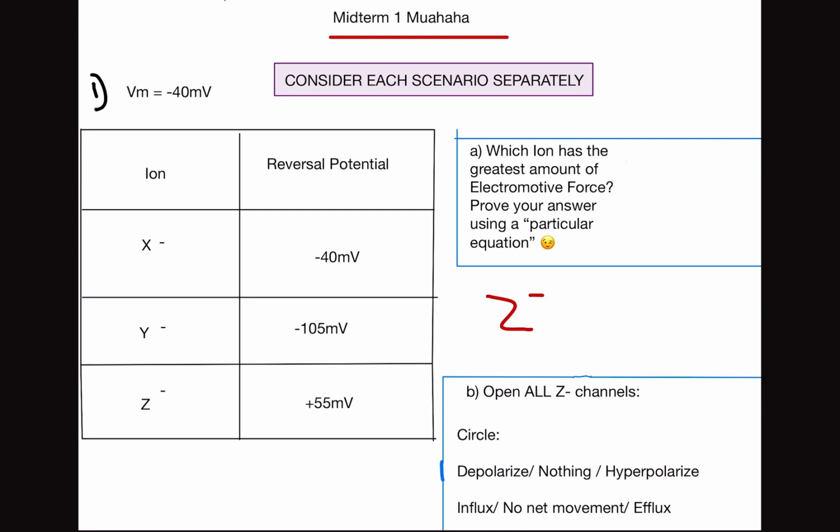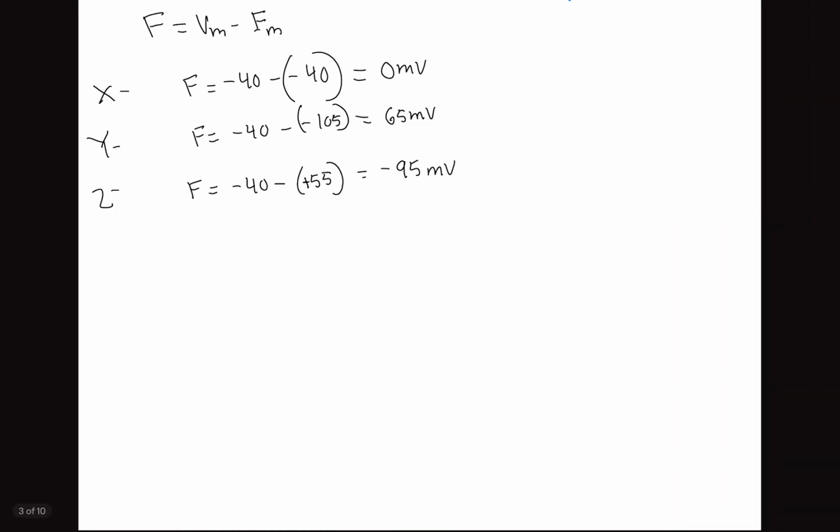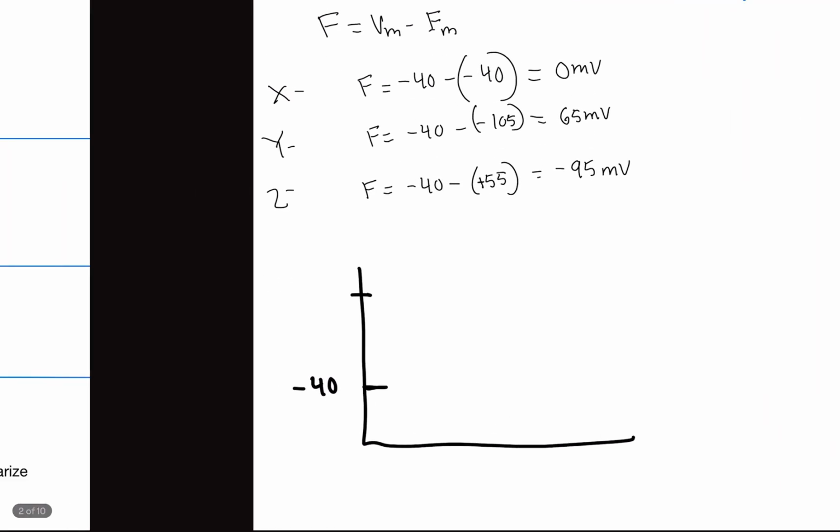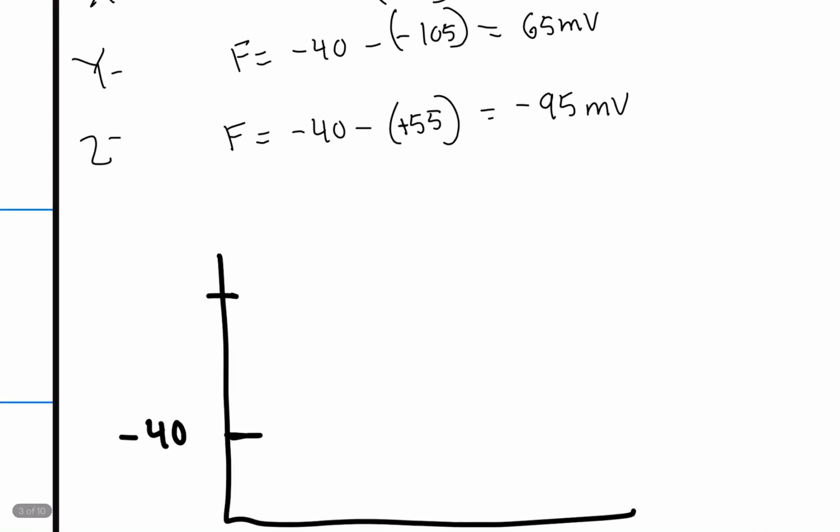If you open all the Z channels, circle what's going to happen. Okay, so if you open all the Z channels, we're at negative 40, right? So pretend it's negative 40. And then the reversal potential of Z ion is 55 millivolts.